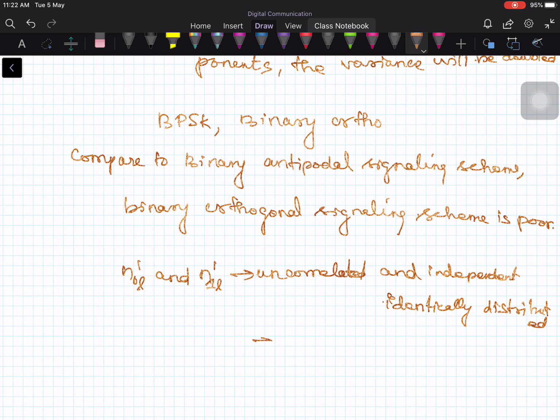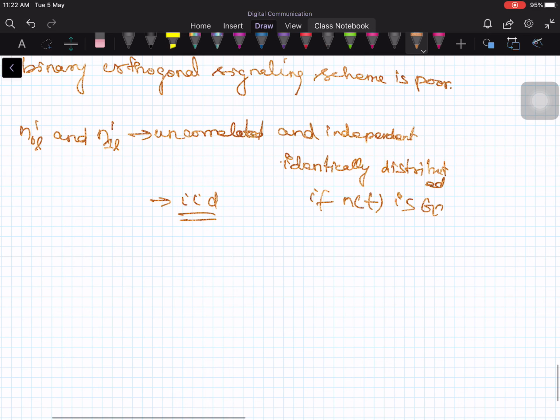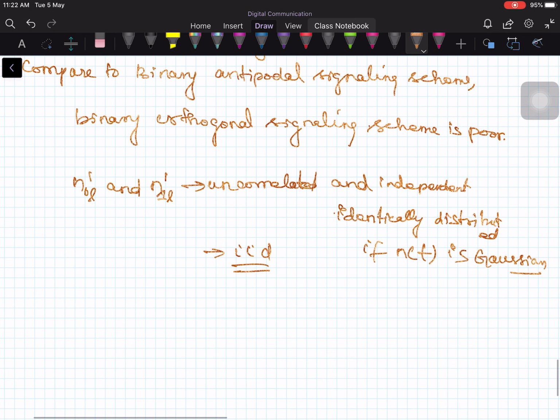In short, people call this IID. They are independent, identically distributed random variables if n of t is Gaussian, otherwise not. These two noises are uncorrelated, and this uncorrelatedness becomes independence only if n of t is Gaussian.